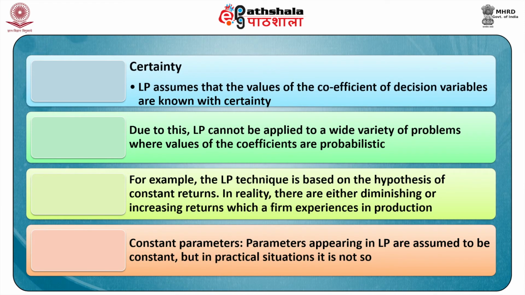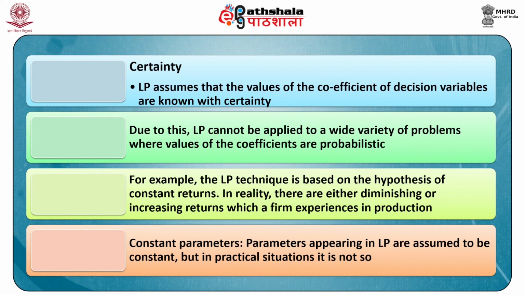Seventh, certainty. Linear programming assumes the values of the coefficients of decision variables are known with certainty. Due to this, linear programming cannot be applied to a wide variety of problems where values of the coefficients are probabilistic. For example, the linear programming technique is based on the hypothesis of constant returns.